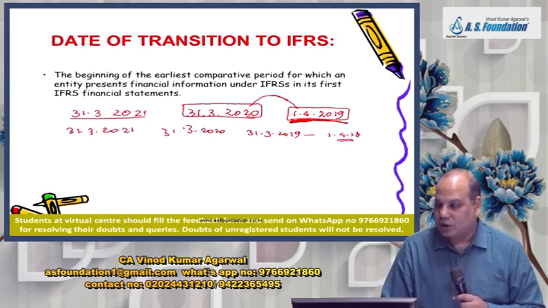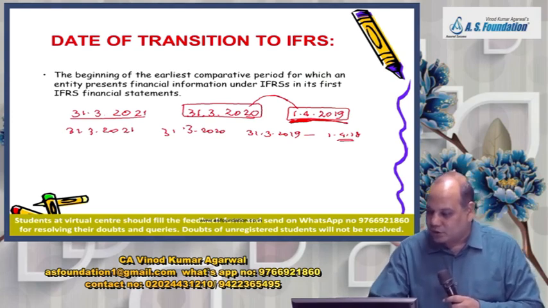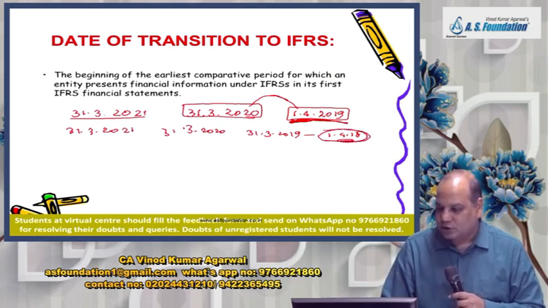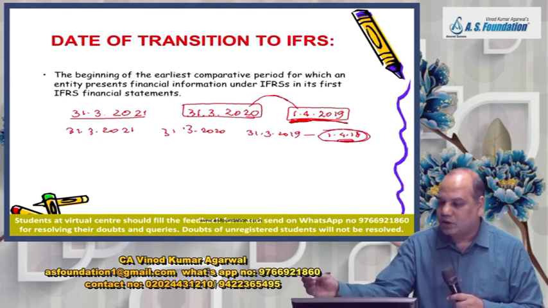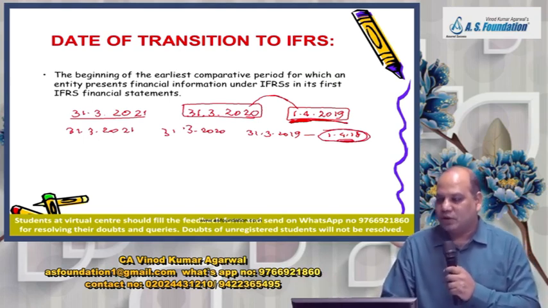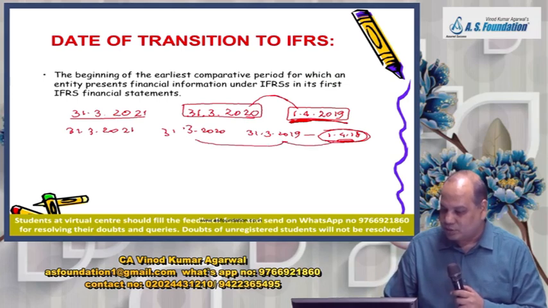This will be called the date of transition to IFRS. And this is very important because what we are going to learn in the next few minutes will teach you how to prepare the SOFP as on the date of transition to IFRS. And once you get this SOFP, then you can prepare this, then you can prepare this, and then you can prepare this.